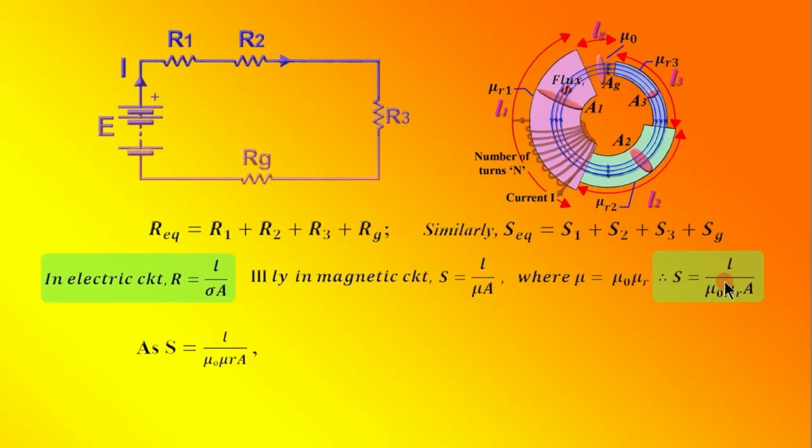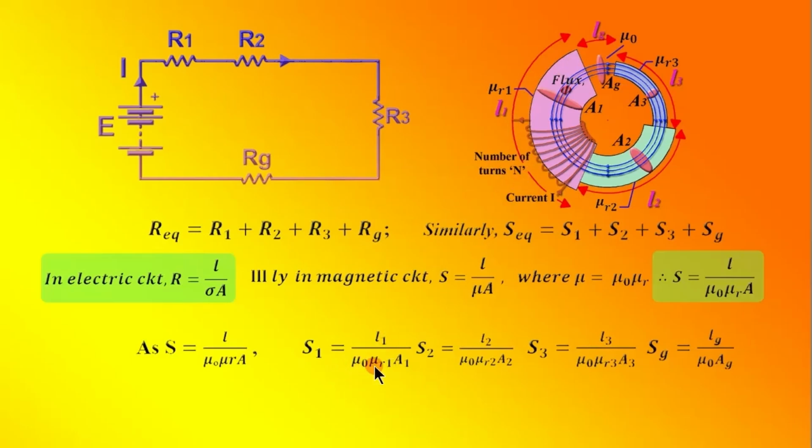As S is equal to L by mu 0 mu R A, S1, the reluctance of this path, is the length of this path L1 divided by mu 0 mu R1 into the area of that portion A1.